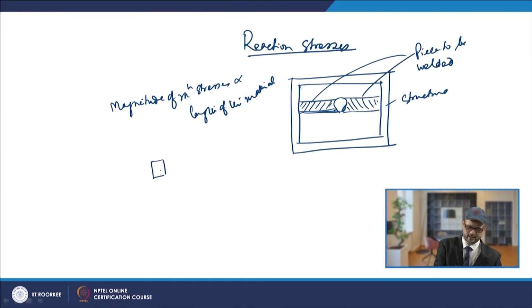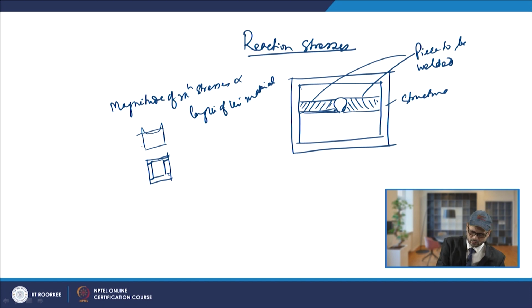Suppose you have a box weld, with welding here, here, here, and here. In those cases you will have a different kind of residual stress distribution, and if you look at the values of the residual stresses, it goes like this, and you will have the value here in this case.